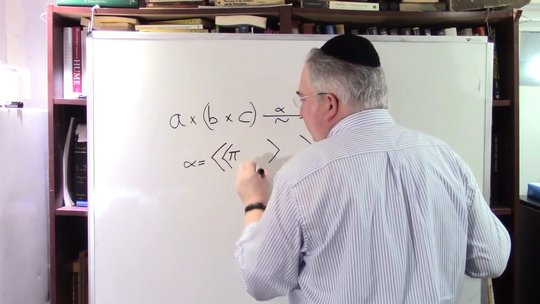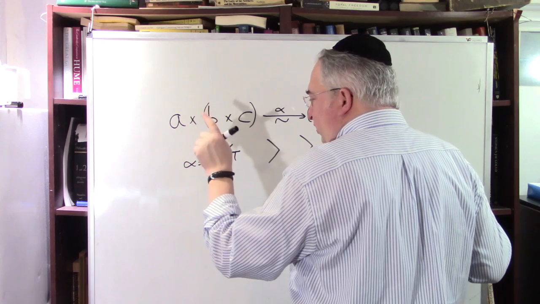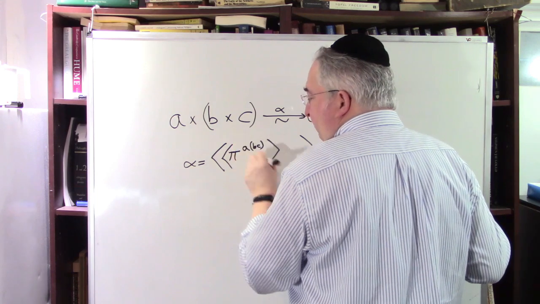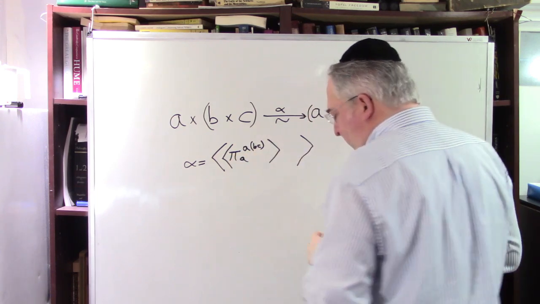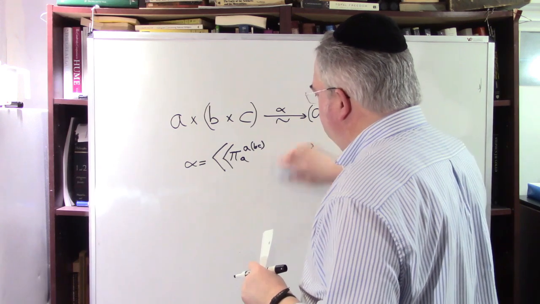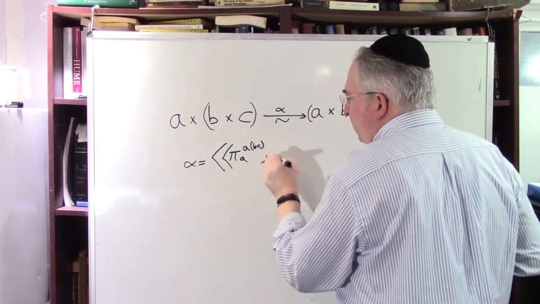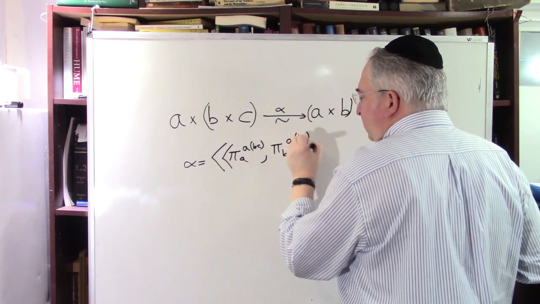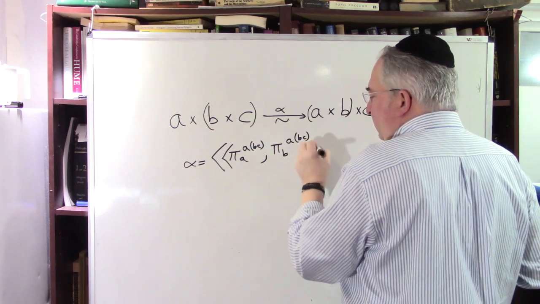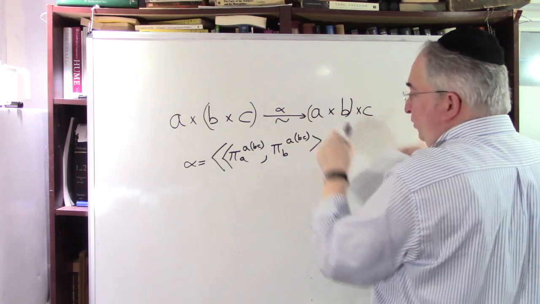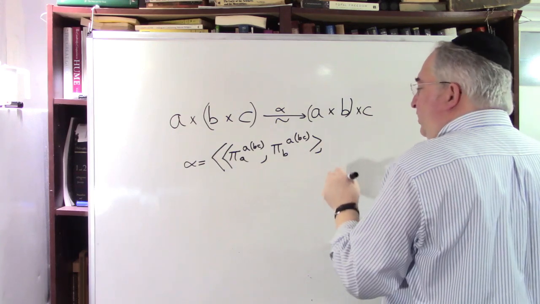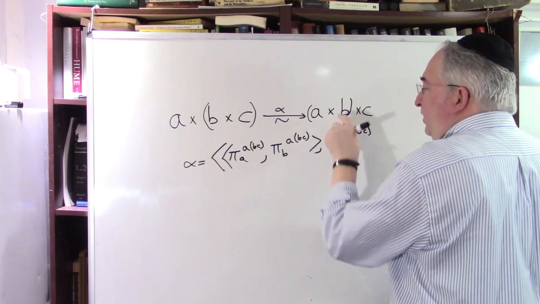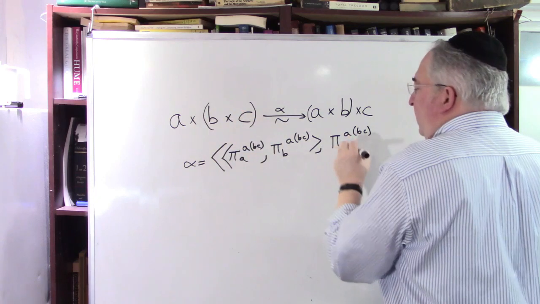You have the projection, but you have to keep in mind where the projection is coming from, of A, B, C. That's the source of the projection, and we're going to output A over here, and then comma, pi B of A, B, C, that's this guy, in brackets and parentheses, comma, now we're within another bracket, pi of A, B, C. In other words, this is the input, and we output C.